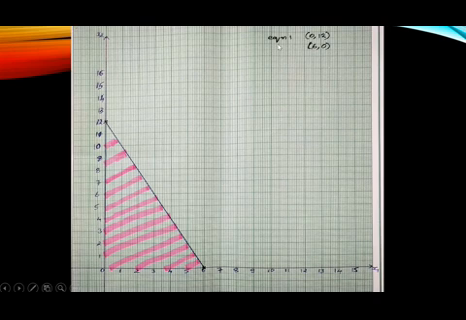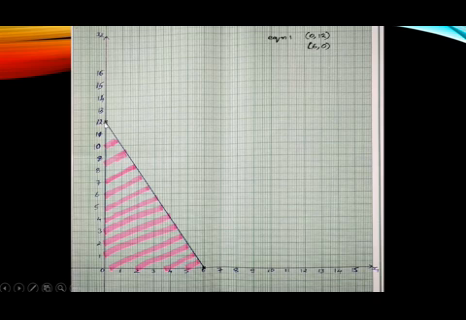Consider the first equation. The first equation points that we had got were 0, 12 and 6, 0. So plot this 0, 12 and 6, 0 on the graph sheet. 0 along x1, 12 along x2.